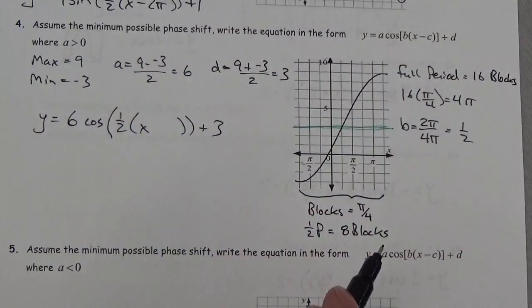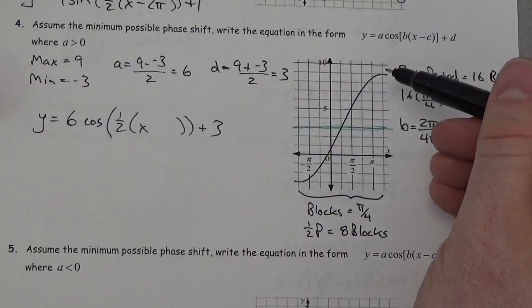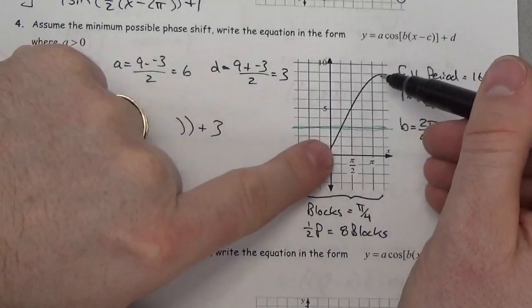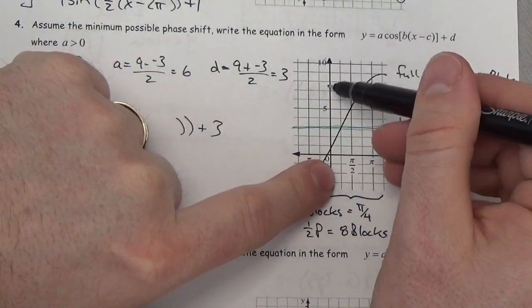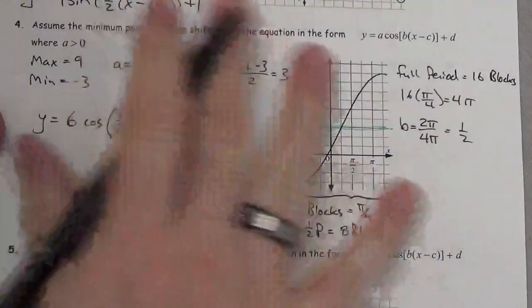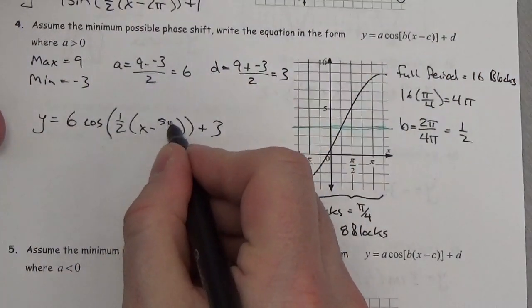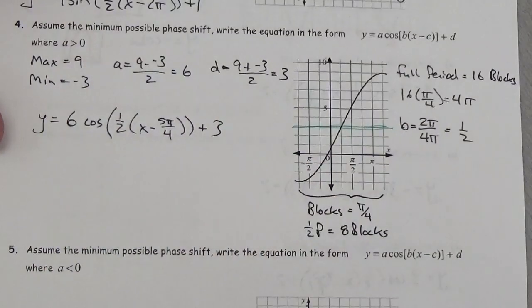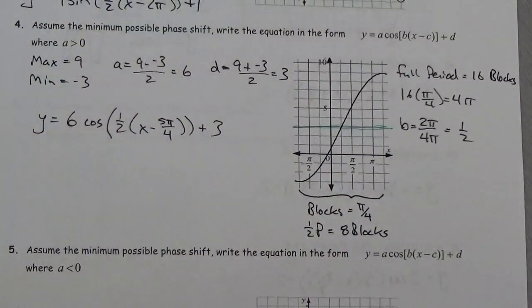Now, cosine starts at the peak. How far over is that from the y-axis? It's 5 blocks over to the right, so it's going to be minus 5 pi over 4. And that's how you determine that equation.